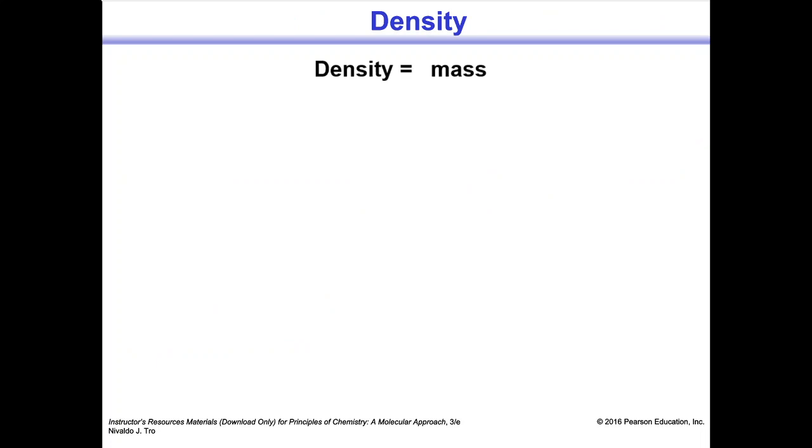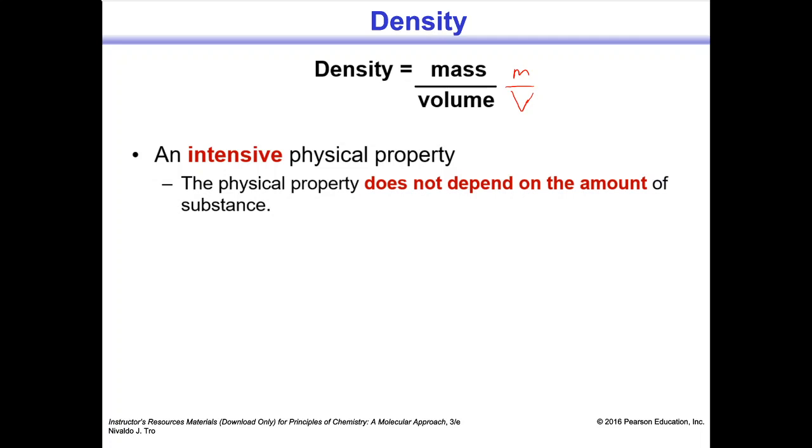Okay, so density. This will be our first equation, or derived unit kind of thing, that we're going to do. So density is just equal to mass over volume. It's an intensive physical property, which means it does not depend on how much of something you have.